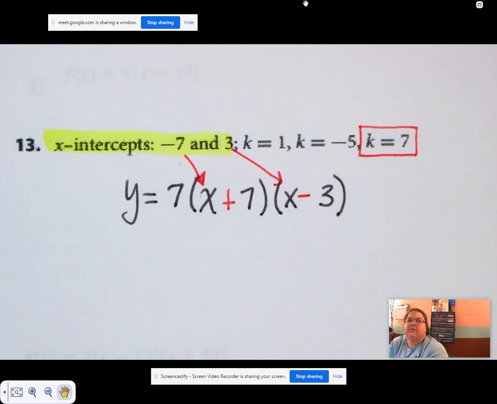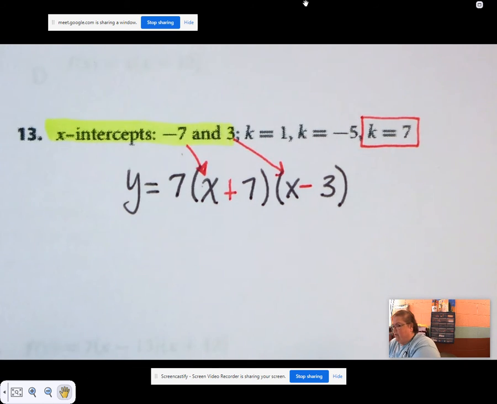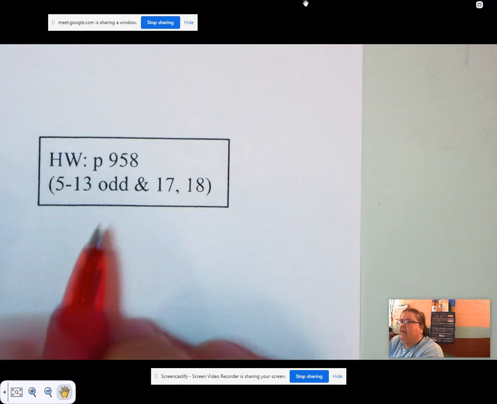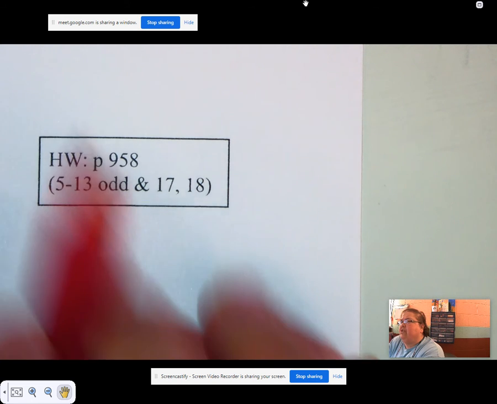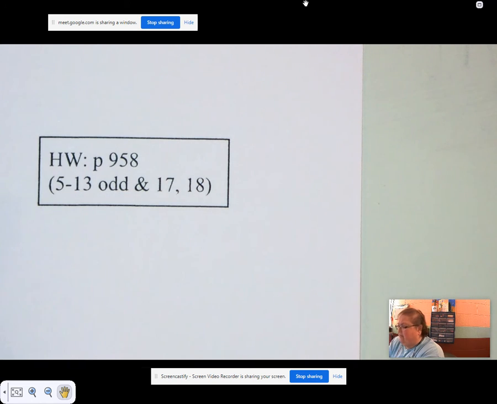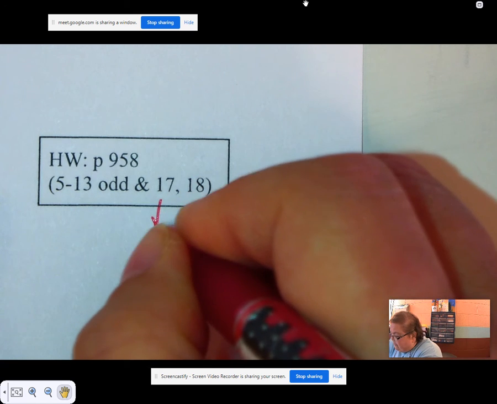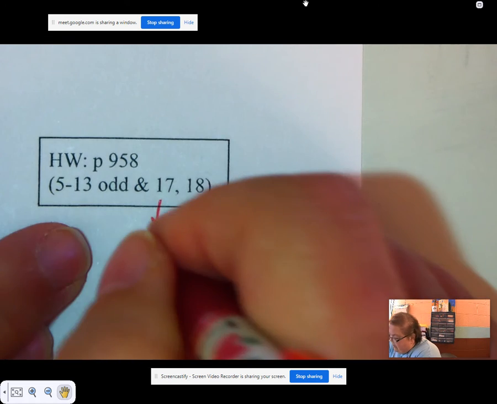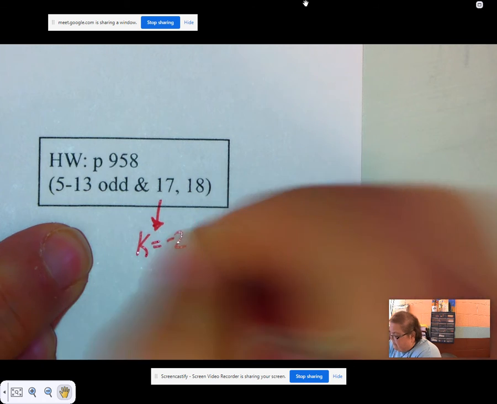Questions? Okay, here's the homework for this section. 17 and 18 are like what we just did, and it's going to give you 3 k values. I only want you to use one. So write this down. For number 17, just do k equals -2.